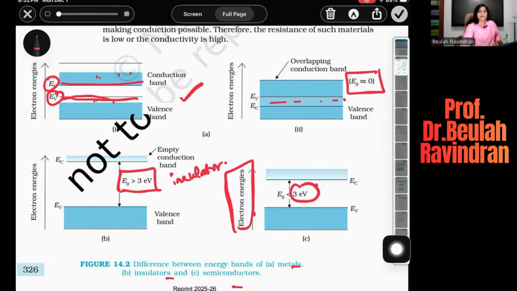The energy gap is so large that electrons cannot be excited from the valence band to the conduction band by thermal excitation. Okay, so that's why it is an insulator. You know, right? We have learned in atomic structure that the outermost electrons in atoms absorb energy from the source and then move to a higher excited level.